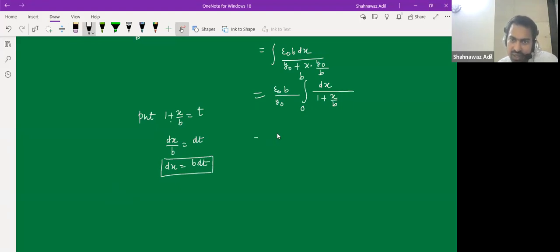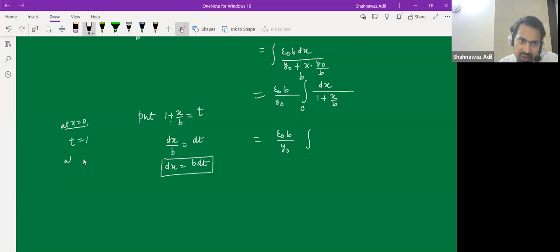So I can write epsilon naught b by y naught, 0 to... and if 1 plus x by b is t, so if I put x equals to 0, then t is 1. So at x equals to 0, t is 1.